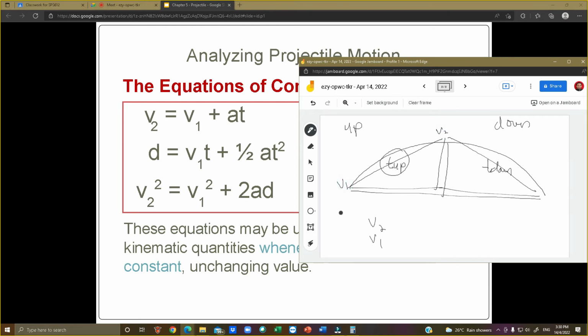Itu yang pertama. Yang kedua, we have D equals V1t plus half AT squared. This is the combination of D and then V1 is going to be here. Means equation number 2 talks about the down part. Okay, the down part.